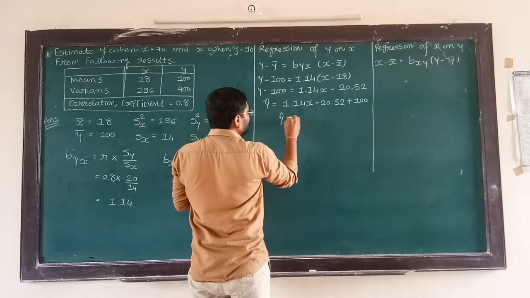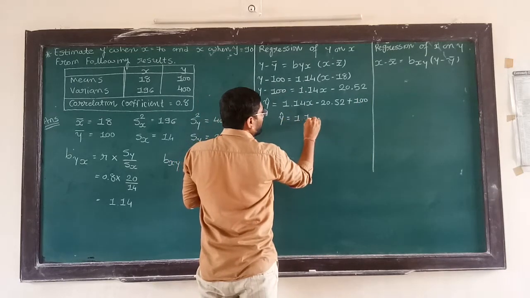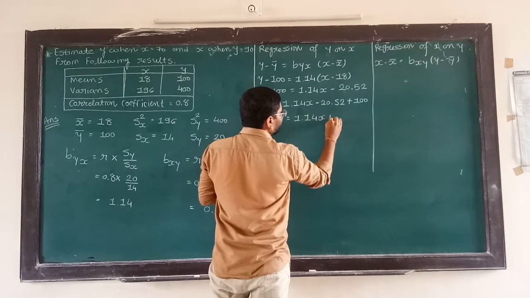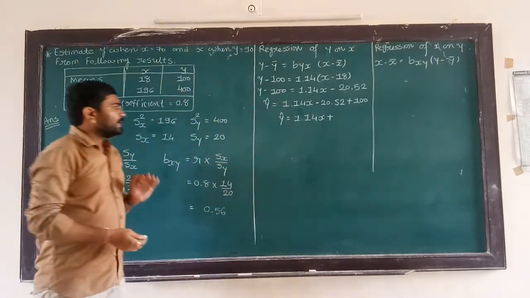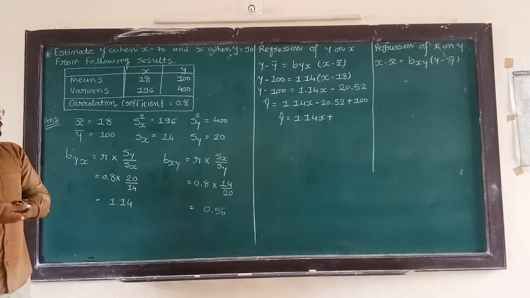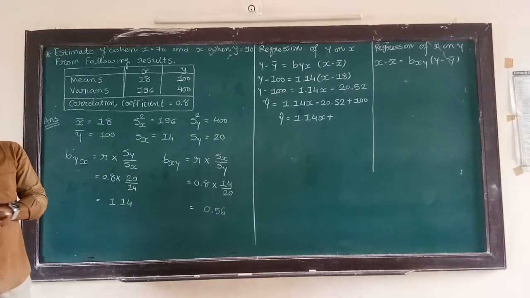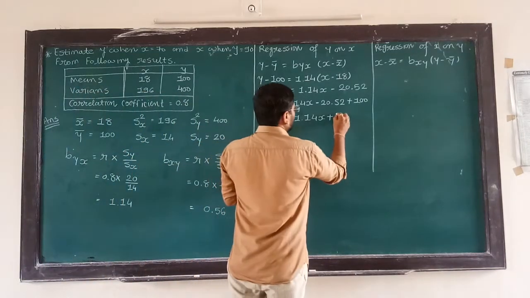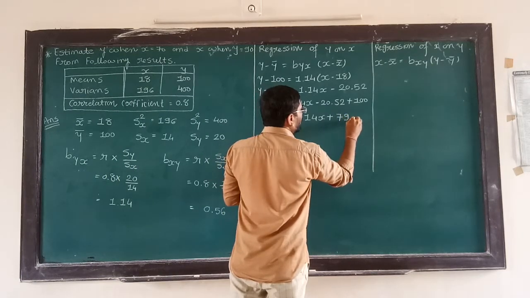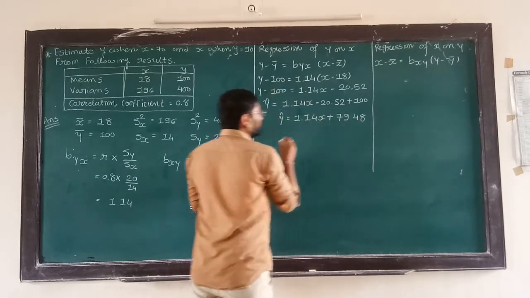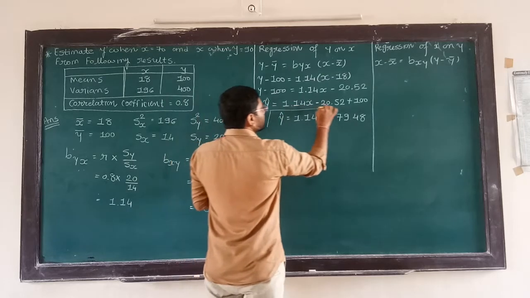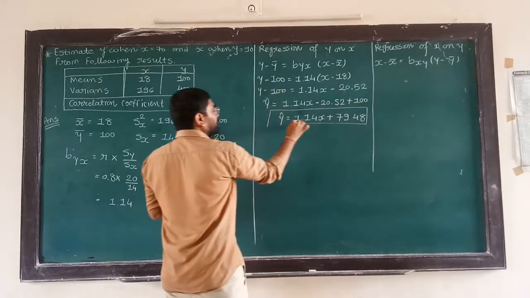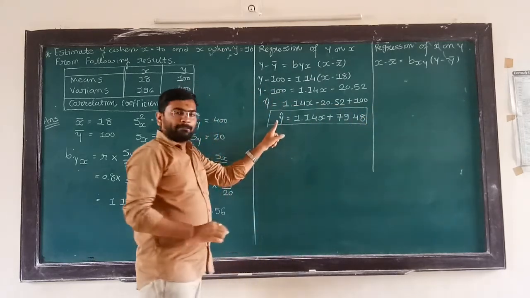Y cap is equal to 1.14x minus 20.52 plus 100, which is 79.48. Here we got the regression line of y.